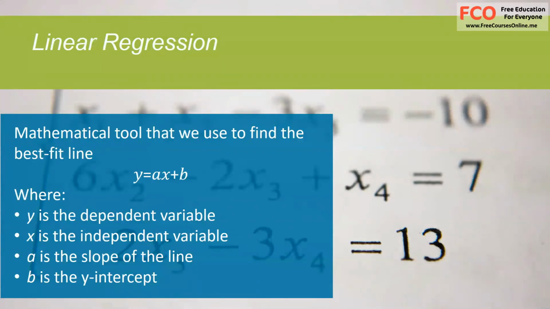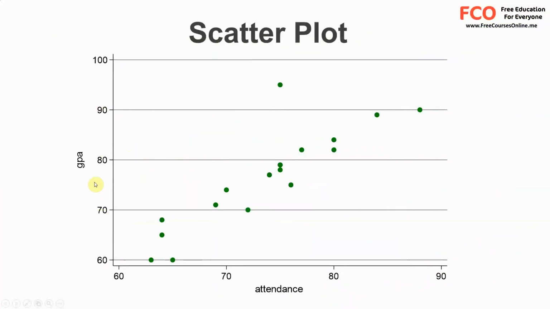As I said, when we run a linear regression model, what we actually do is we find the value of a and the value of b given our dependent and independent variables. In our case, our dependent variable is the GPA, which we have plotted on the y-axis. GPA, we believe, depends on attendance.